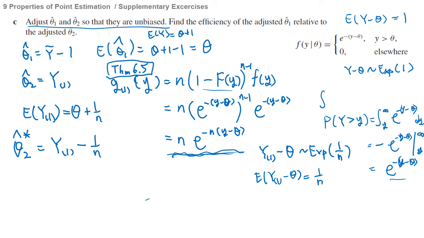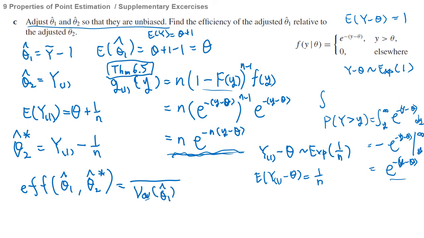So EFF of theta 1 hat, theta 2 hat star, and this is the variance of theta 1 hat over the variance of theta 2 star.